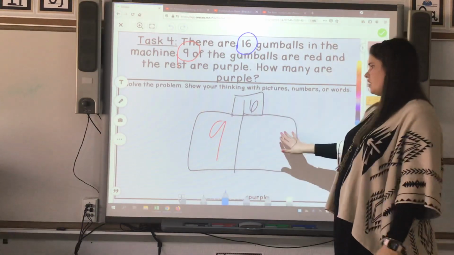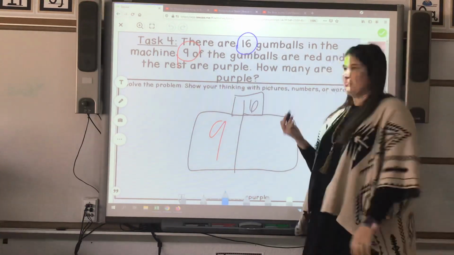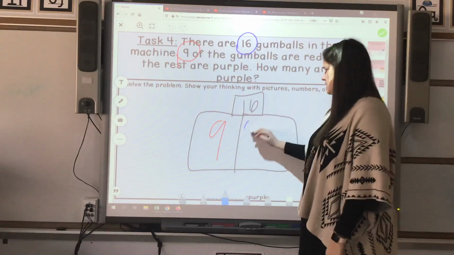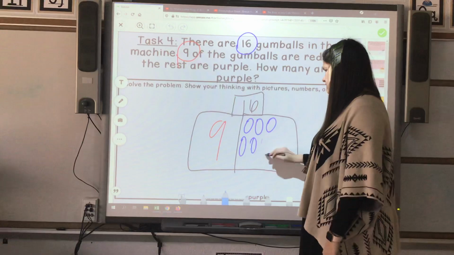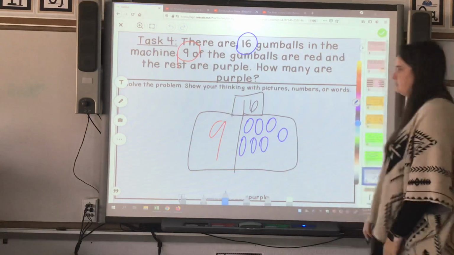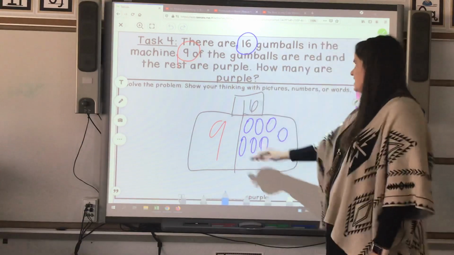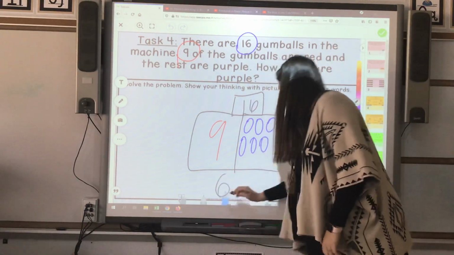I need to count up from 9 to 16. So blue is the closest one I have to purple, so that's what we're going to have to do. So 9, 10, 11, 12, 13, 14, 15, 16. So looking at this, I have 6 gumballs that are purple.